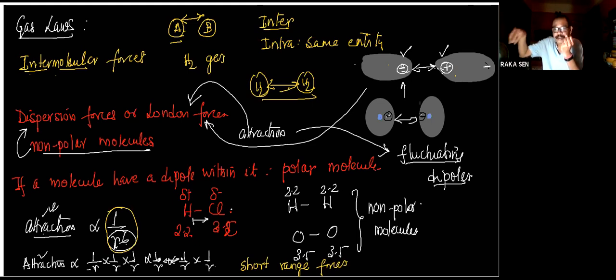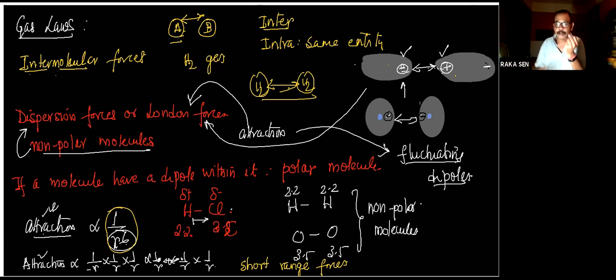That means the electron density of the second molecule becomes higher in this region, so delta negative. The electron has shifted from here, so this becomes delta positive. The dipole moment will be directed from positive to negative.